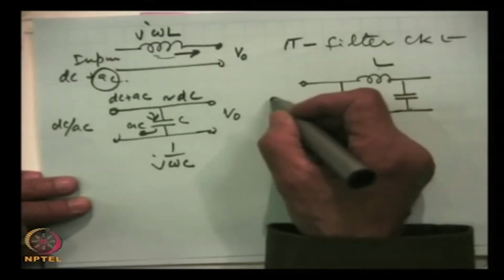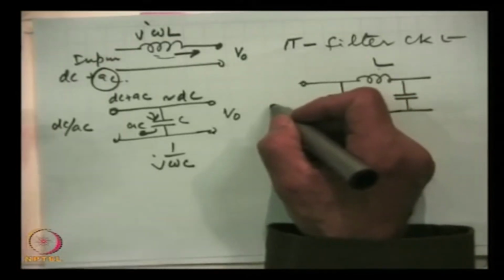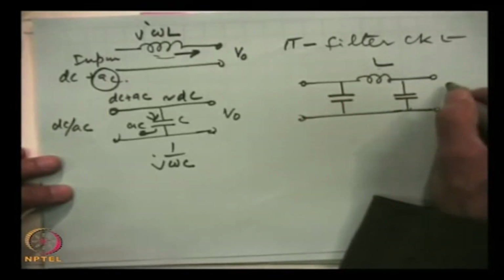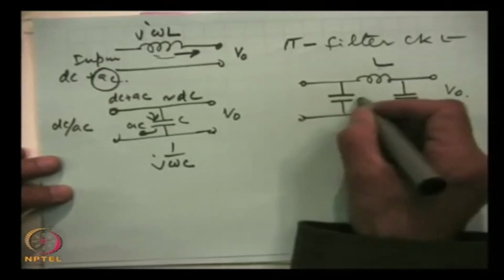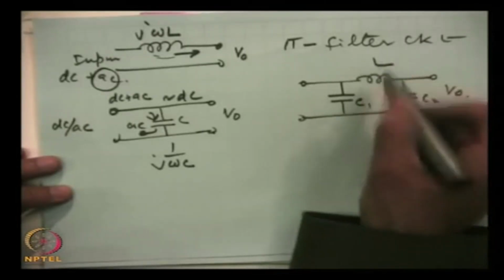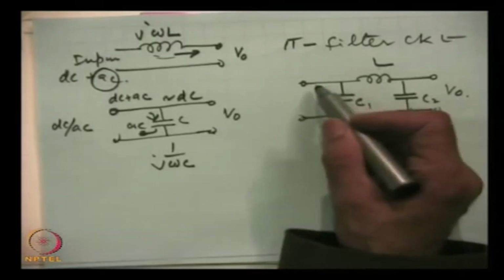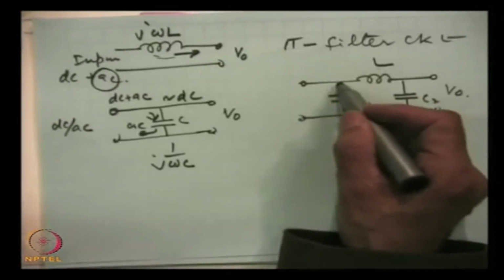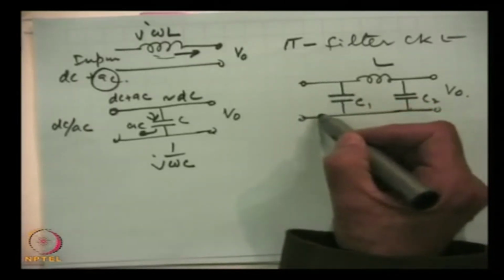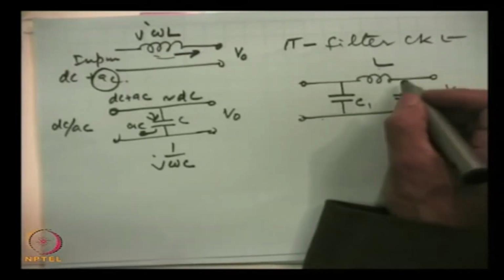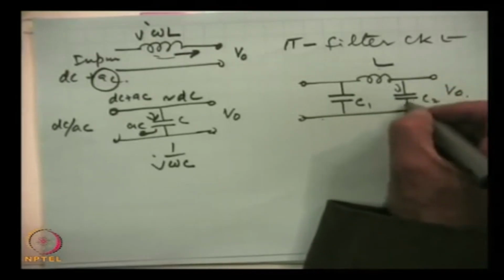Here is the input from the output of the rectifier circuit, and here we get V0, with C1, C2 and L. First the AC finds a path here and is filtered, then AC is obstructed by this inductor again, and whatever remains, the AC part goes here.